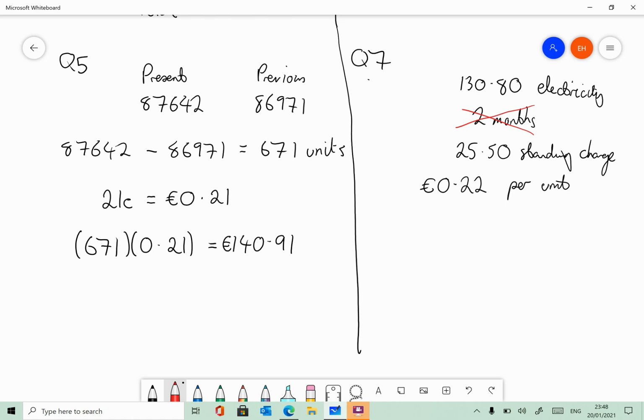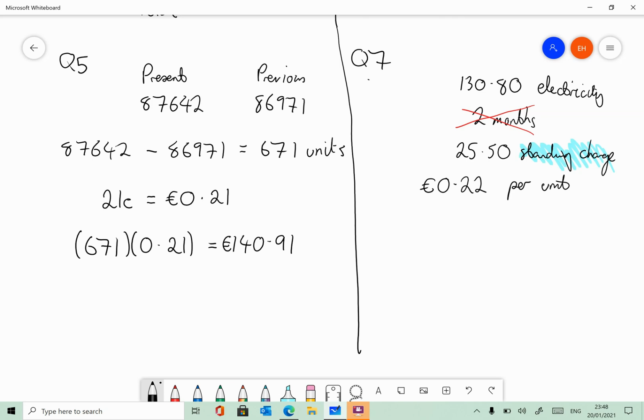Now, standing charge. We need to talk about that. So what does that mean, standing charge? A standing charge is if Mrs. Heaton used no electricity, so she turned nothing on, she used 0 units, she would still have to pay to her electricity provider, because she's still connected to their network.